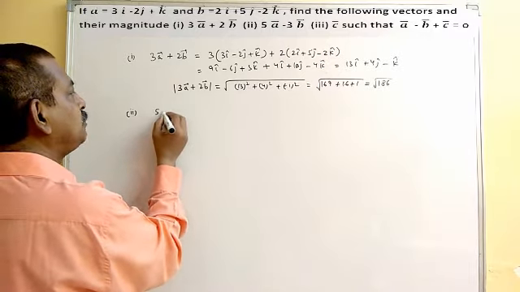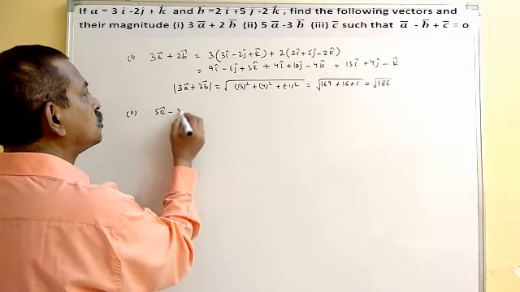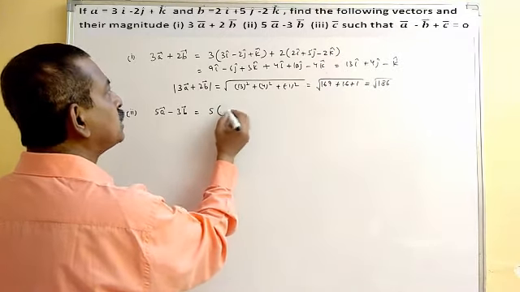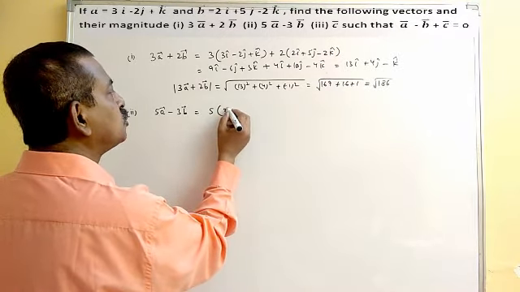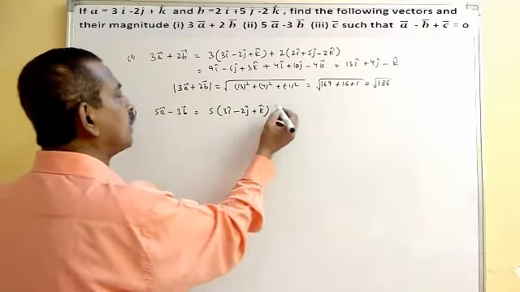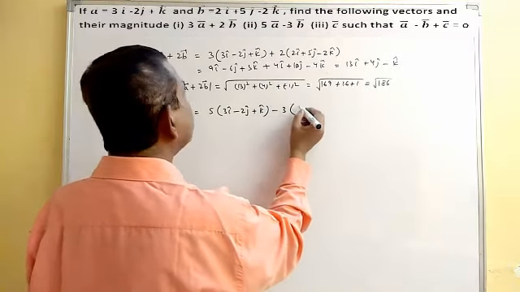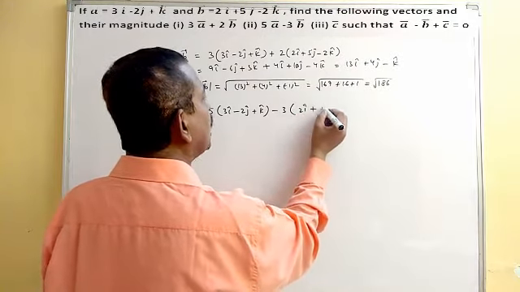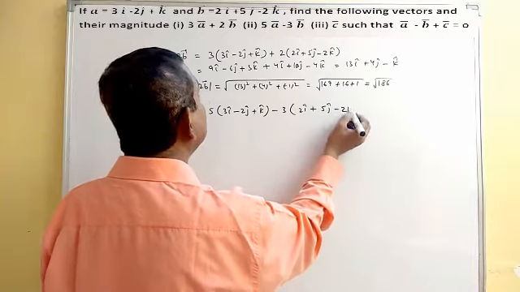It is 5A vector minus 3B vector. So again in the same way we'll try. It is 5 times vector A, which is your 3i minus 2j plus k, minus 3 times vector B, which is your 2i plus 5j minus 2k.